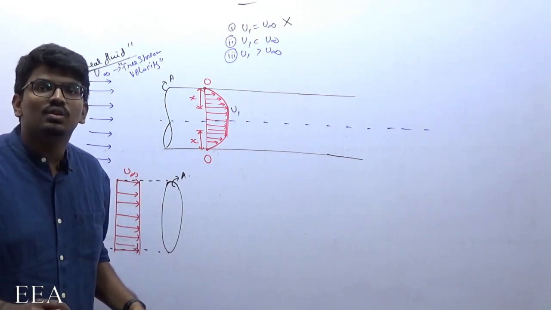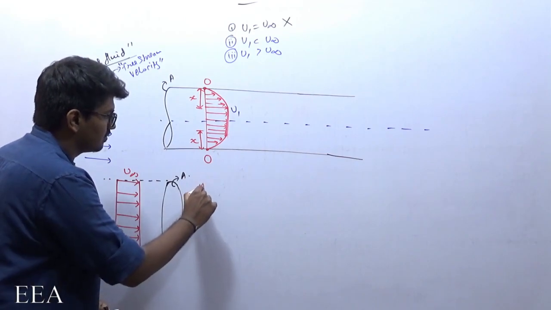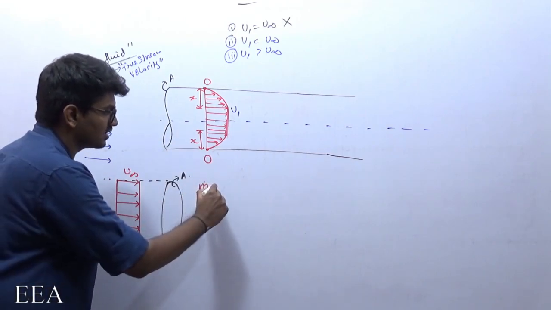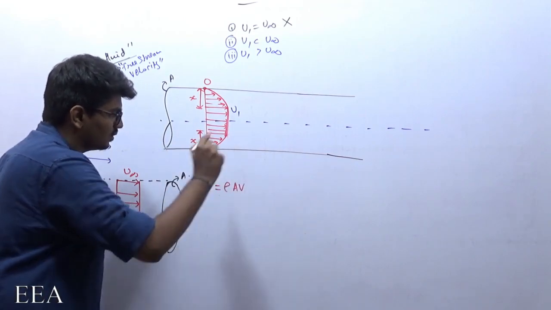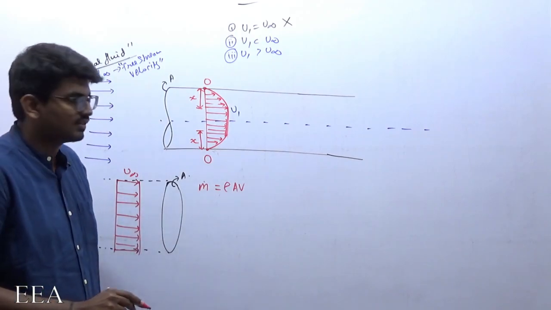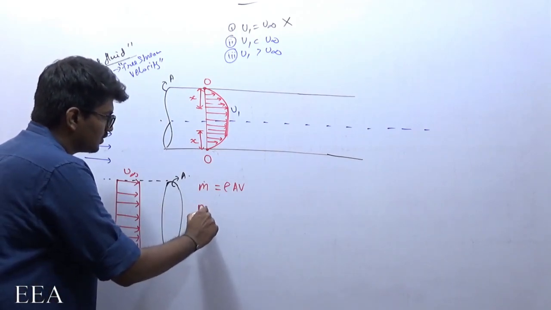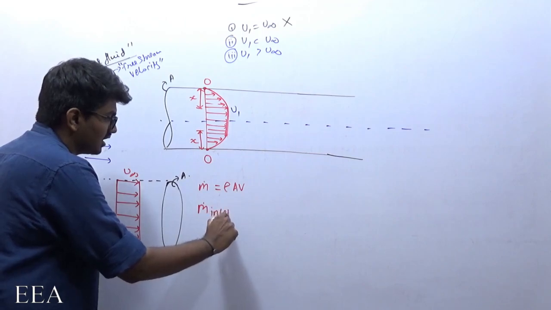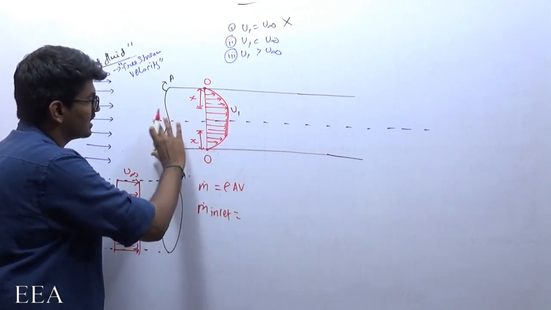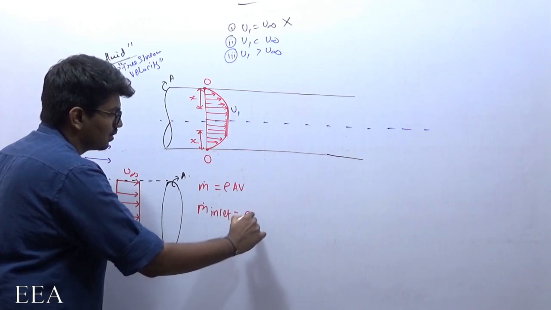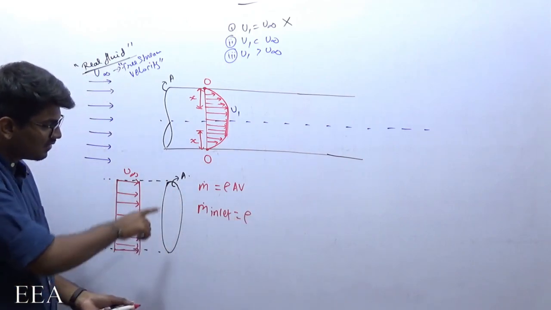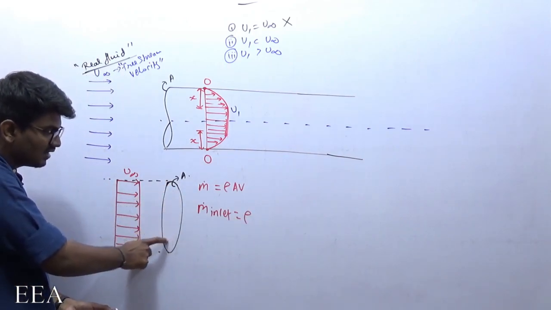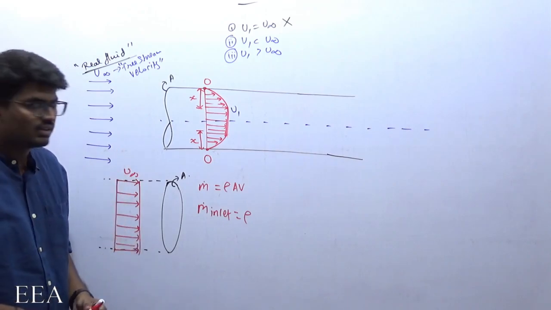In general, we know one formula for finding mass flow rate: mass flow rate is rho A into V, density into area into velocity. Mass flow rate at the inlet, before starting to flow inside, is rho times the total cross section, where at each and every point the velocity remains u infinity only.